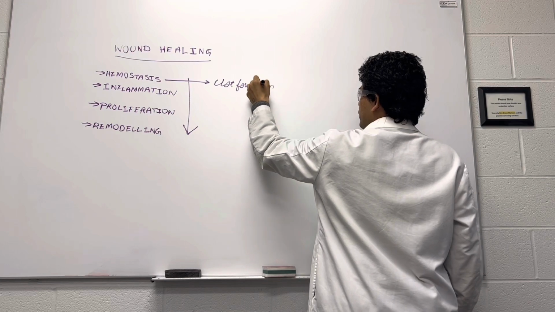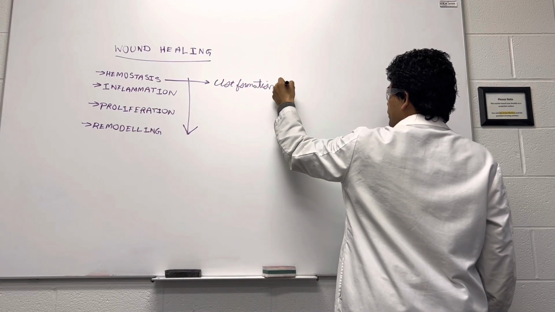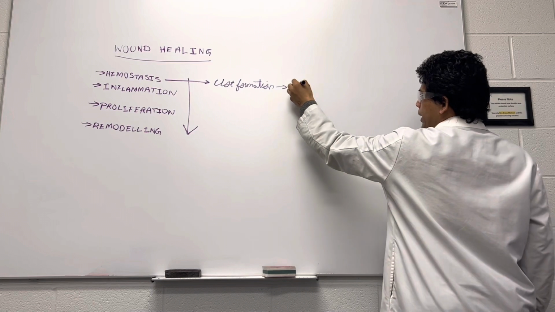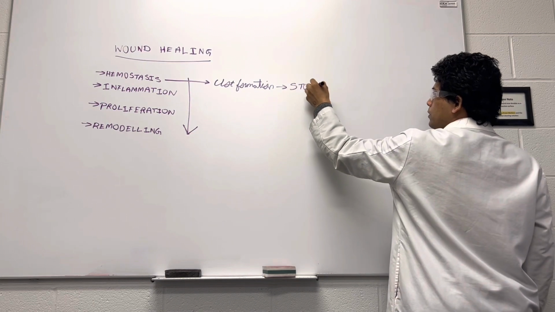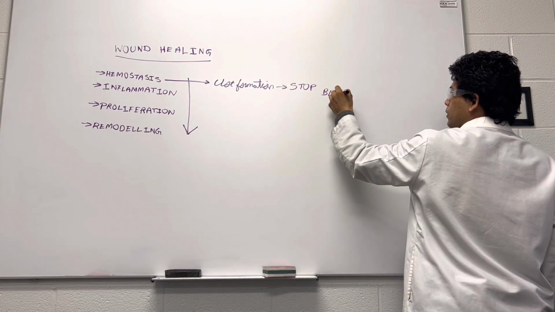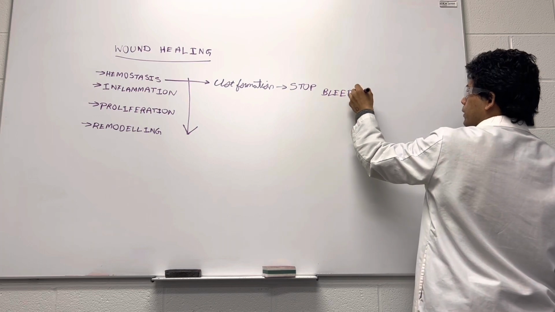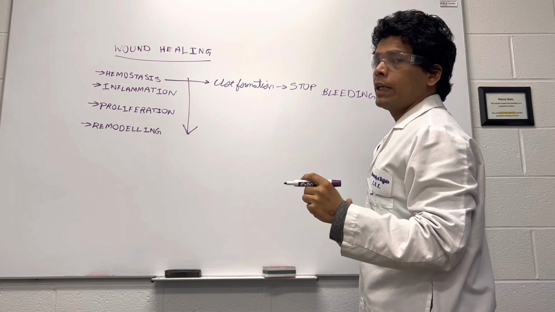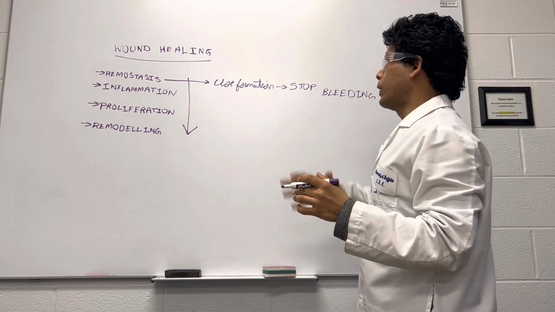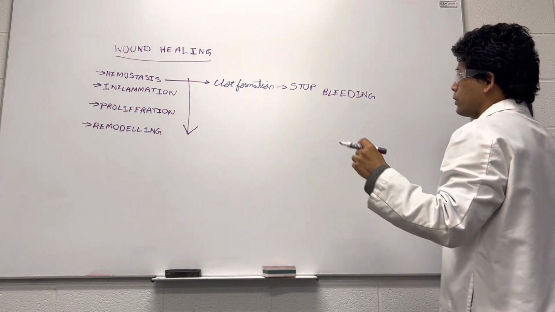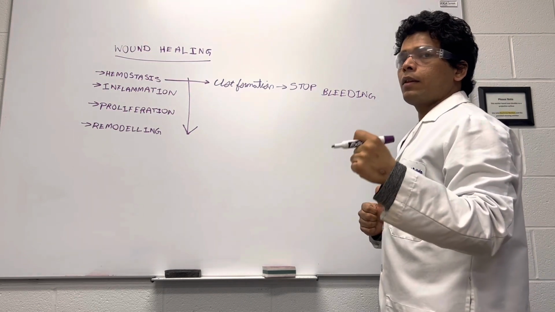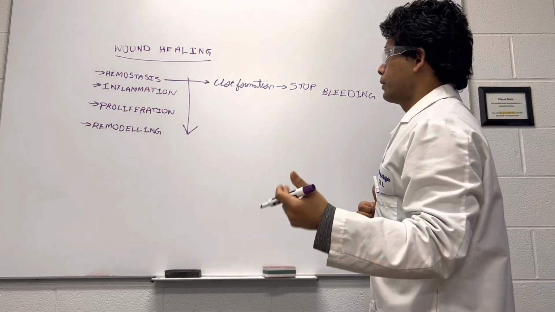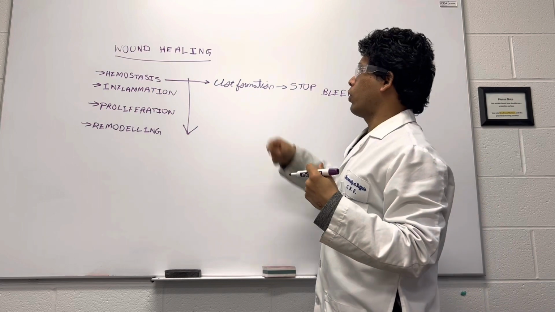This, in normal language, means to stop bleeding. The first and foremost step whenever a wound has been observed is to stop the loss of blood. So for this, the clot formation occurs.